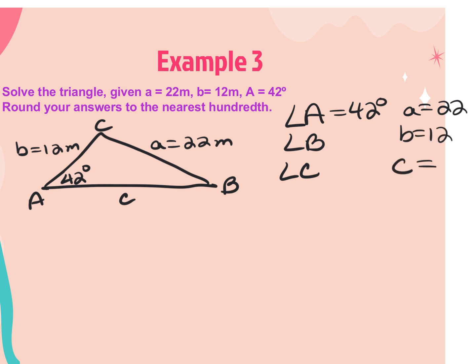Because this is going to help me to see where am I going to go with my first proportion. So once I fill it in like this, I'm going to look to see what letters have the three numbers. So you see how right here, these are going to be what I put into my first proportion.